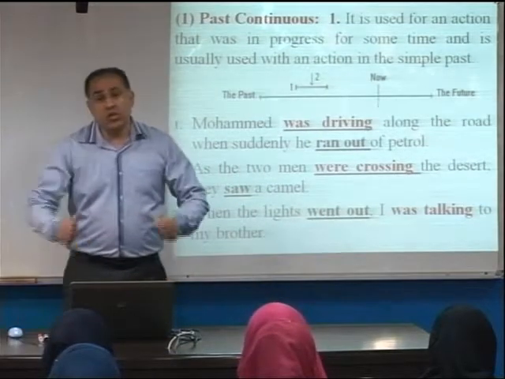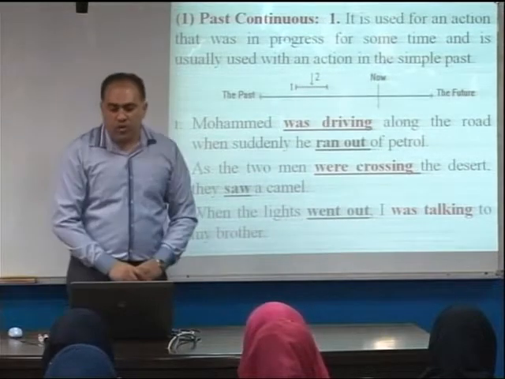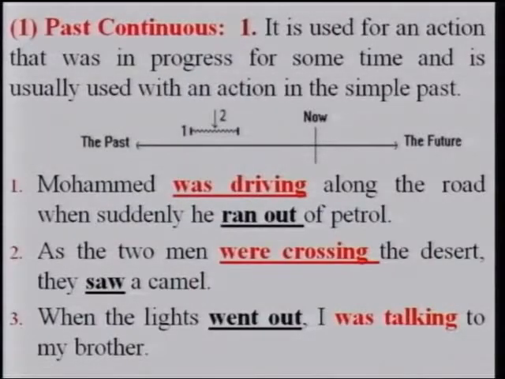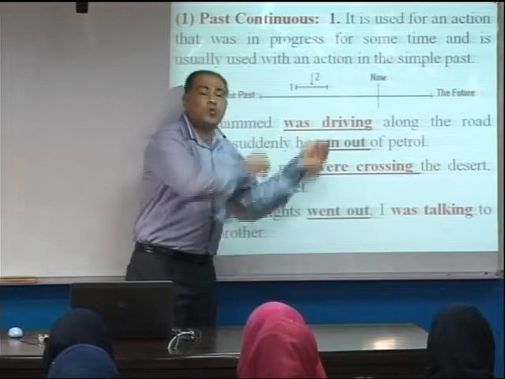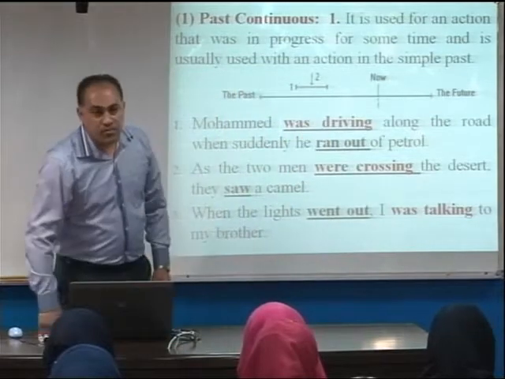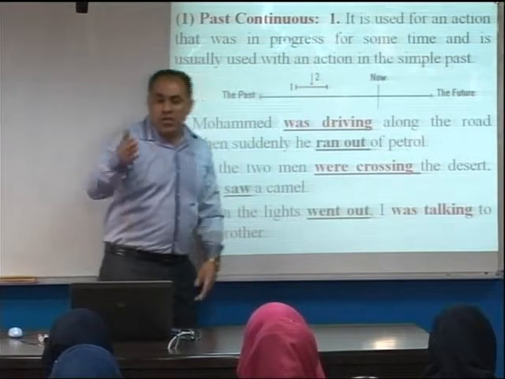Muhammad was driving for some time along the road when suddenly he ran out of petrol. So this happened only once, but the driving was progressing for some time. Running out of petrol is one event, and number 2 is the driving.